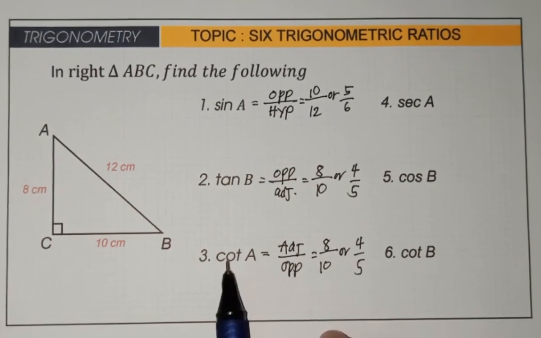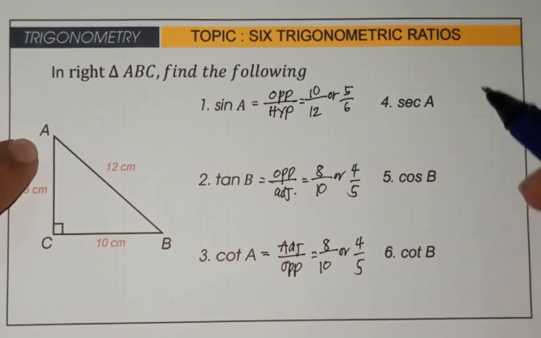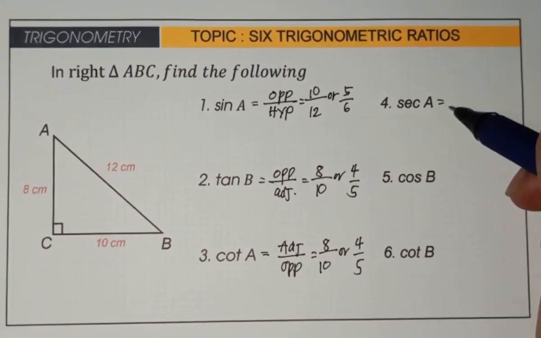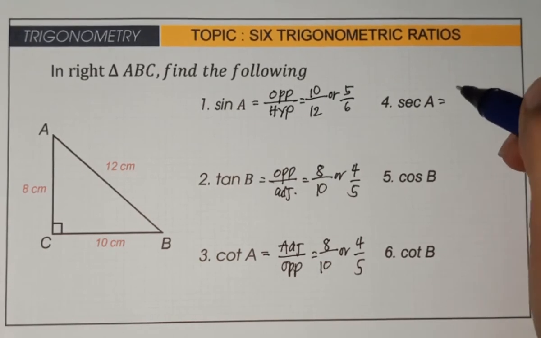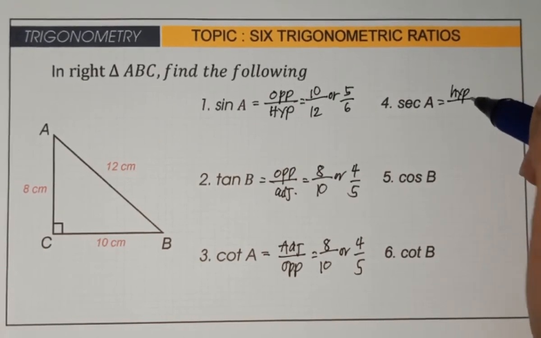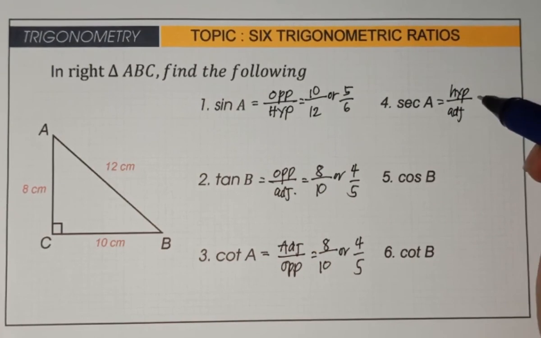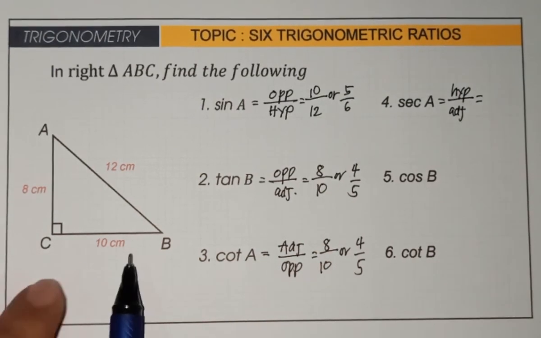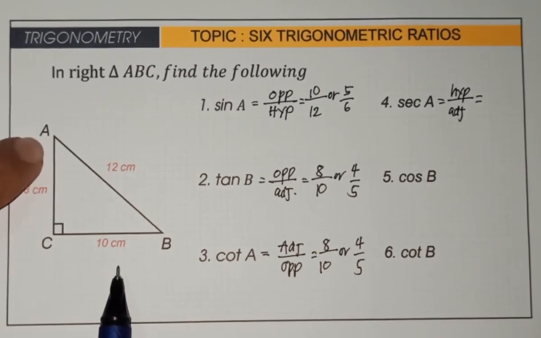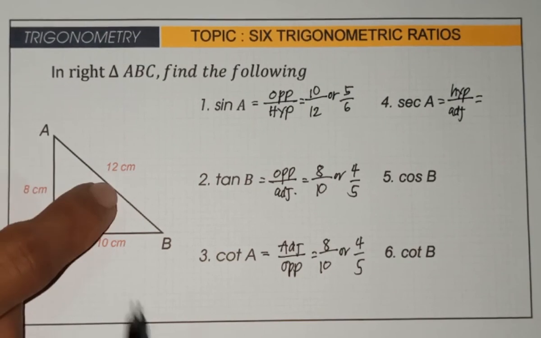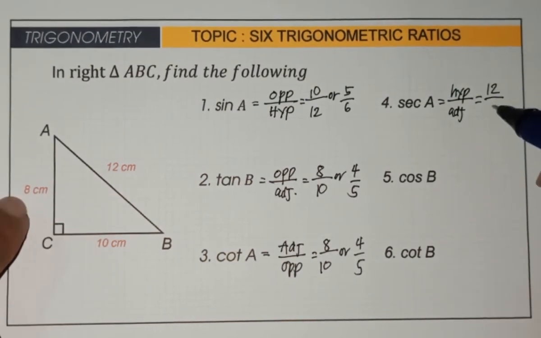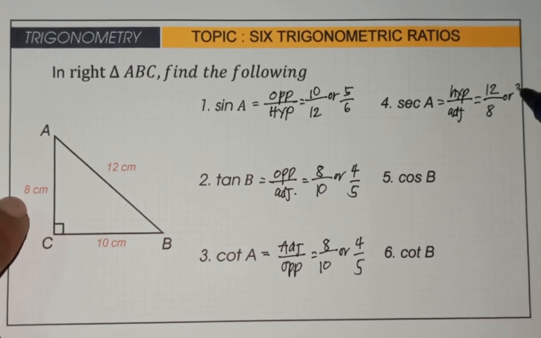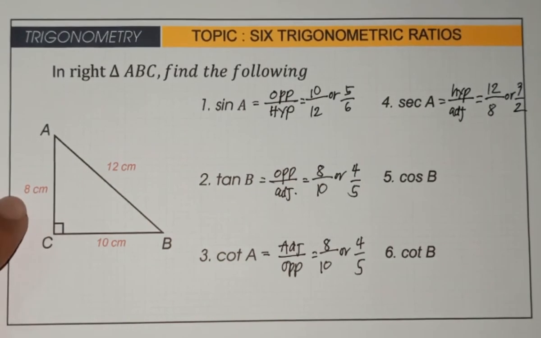That is the value of cotangent A. Secant is the inverse of cosine, so this is now hypotenuse over the adjacent. The hypotenuse here in A is 12 and the adjacent here is 8, or it is 3/2.